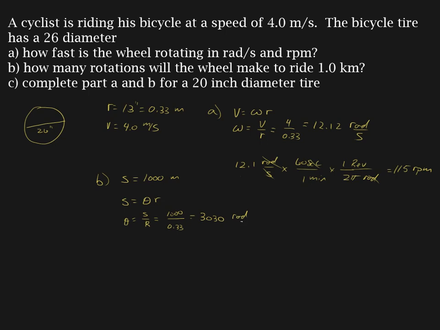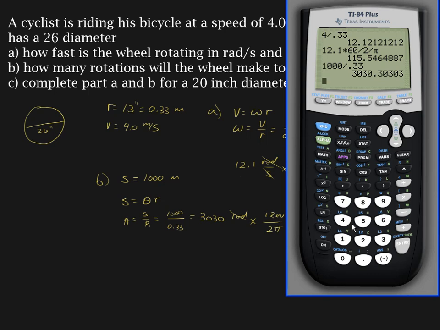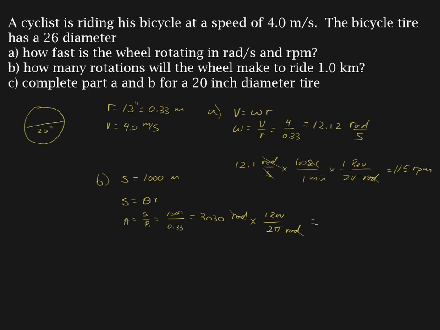Now all we have to do is convert that to revolutions. So we get 3,030 radians times 1 revolution over 2 pi radians. Our radians cancel out. So 3,030 divided by 2 pi, and that's going to be 482 rotations.